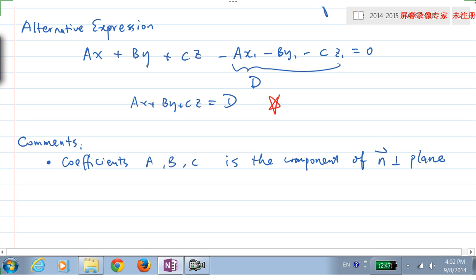In other words, always remember, if you form your vector using A, B, C, that vector is perpendicular to the plane you are looking for. So this is the plane, and this is n here, perpendicular.